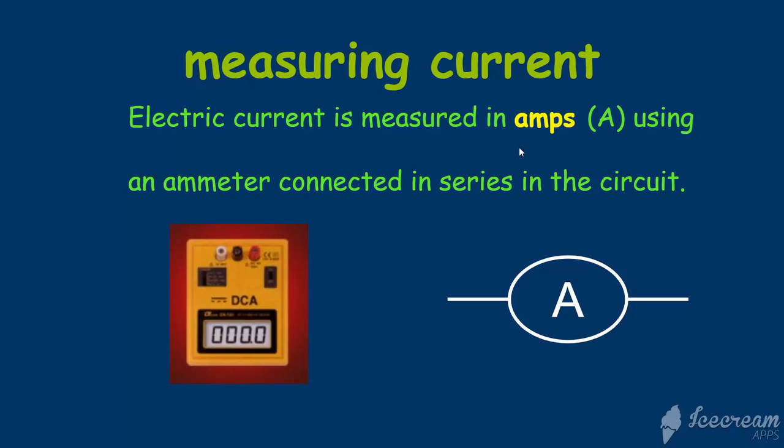And the concept of current, to understand it, is to learn that it is how many electrons are passing through the cable at the same time. The more electrons passing through the cable, the greater the intensity of current is, and the more amps you're going to get.